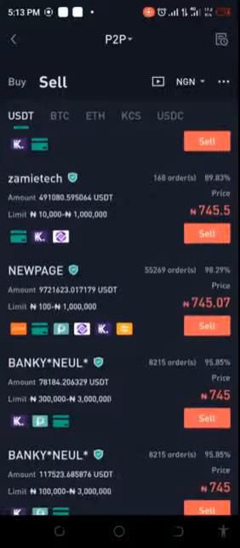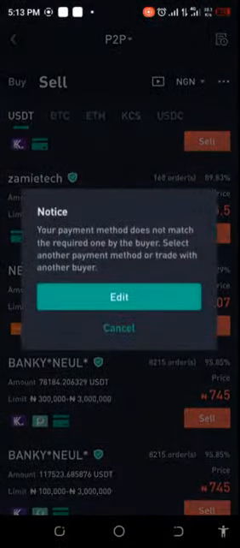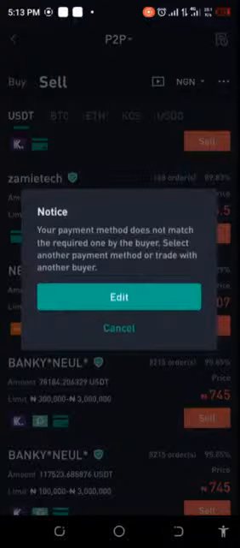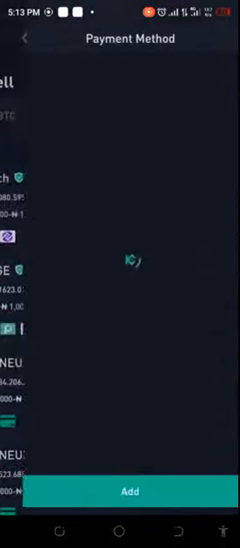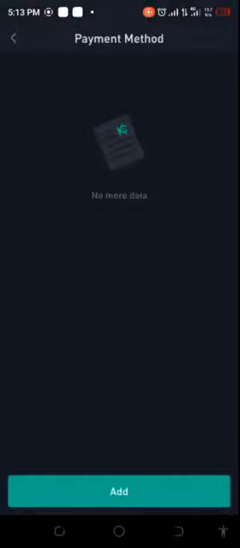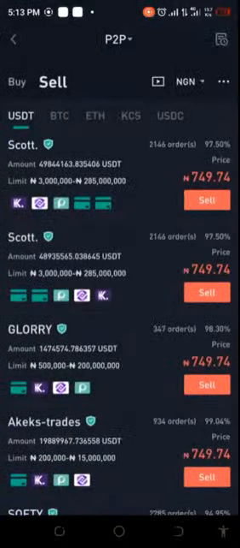Let's check on this one and see whether there's a potential. It said your payment method does not match the required one by the buyer. Okay, so we have to set up all of this. We can edit and put in all the details, but I'm not going to go through all of this. I'm just showing you that we can actually withdraw our money even from P2P, right?